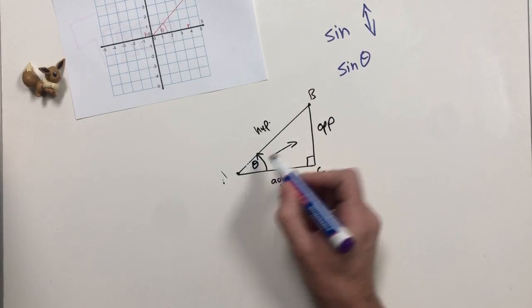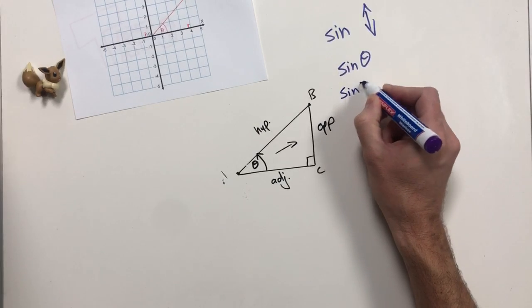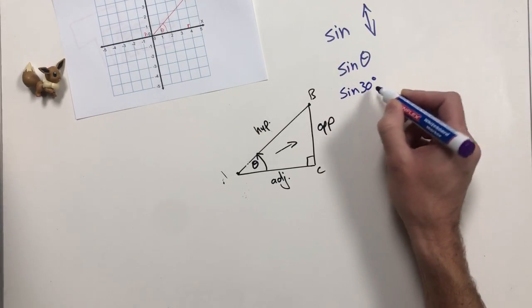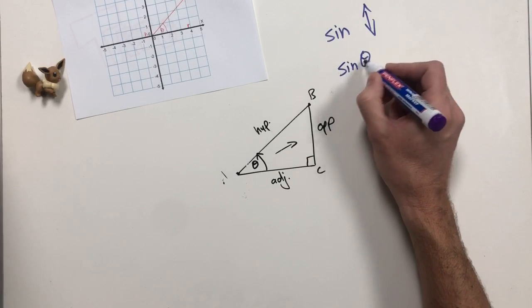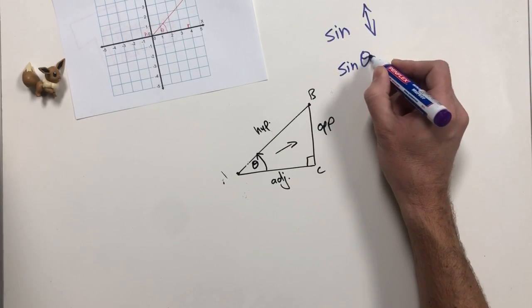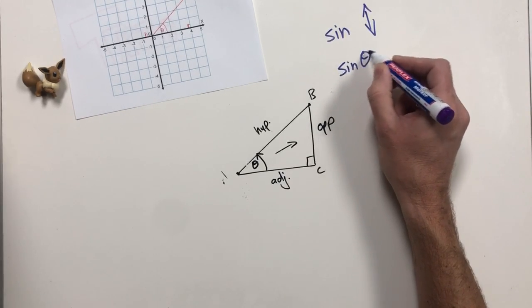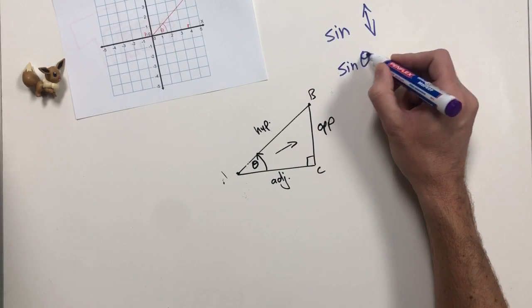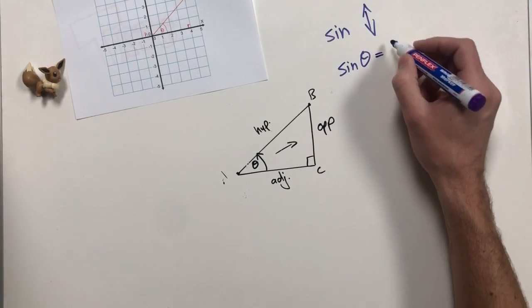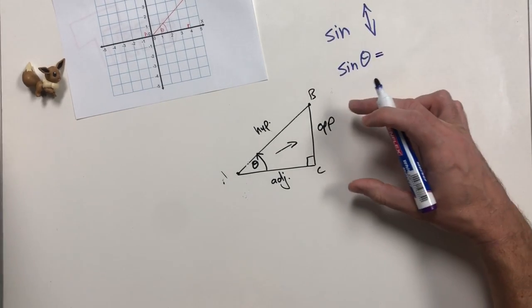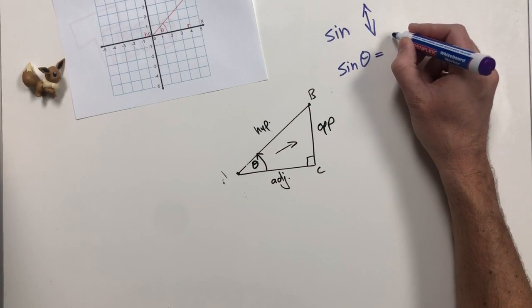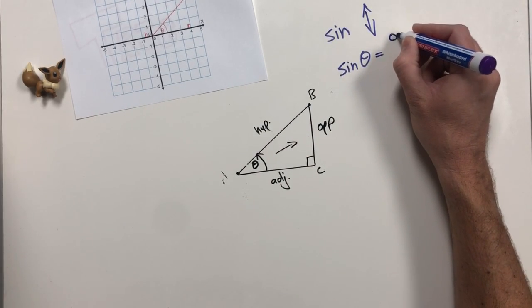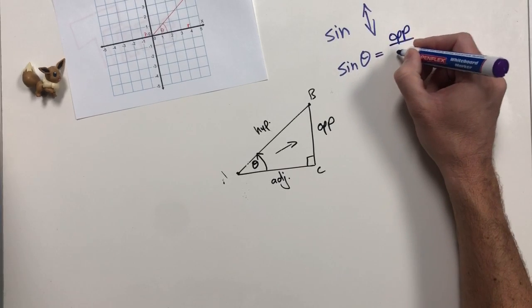If we knew it was 30 degrees, I might go sine of 30 degrees and that would have a number attached to it. But let's just start with an unknown value. The sine of this unknown angle would be the relationship between the opposite side and the hypotenuse side. As a ratio or a fraction, it's the opposite over the hypotenuse.